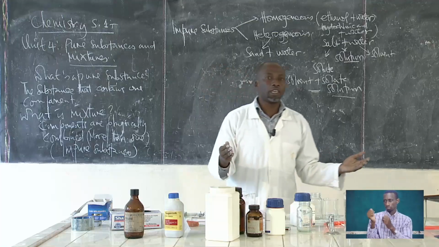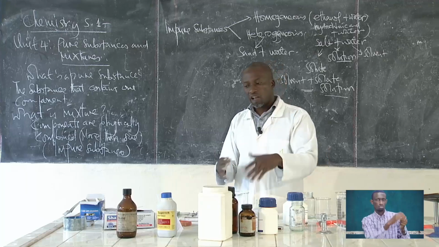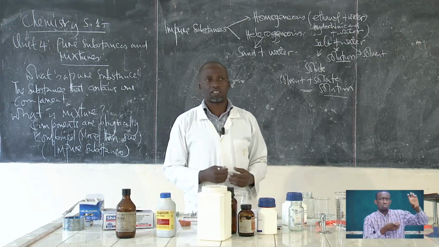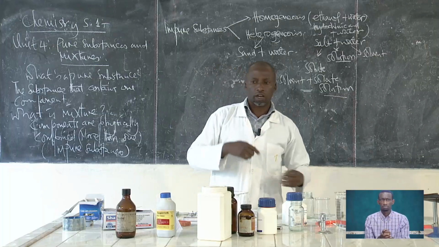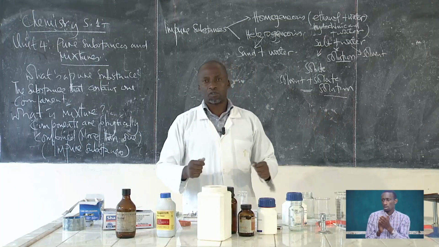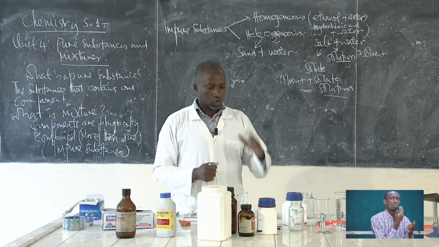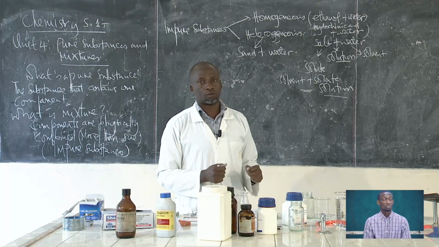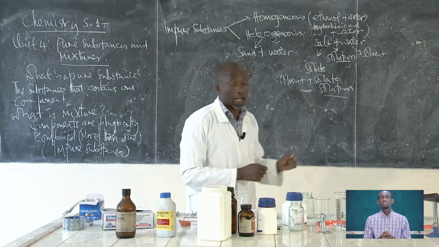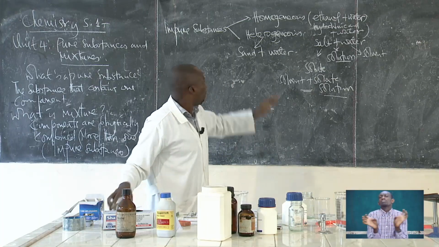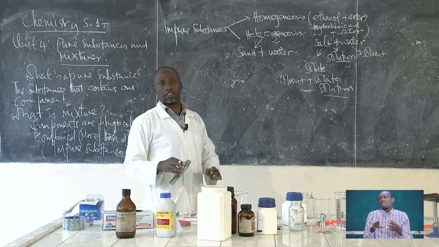Or you can have liquid-liquid mixtures. For the liquid-liquid mixtures, we mentioned oil and water. We gave a number of examples. So today, we are just going to look at the methods of separation of these mixtures, whether homogeneous or heterogeneous.